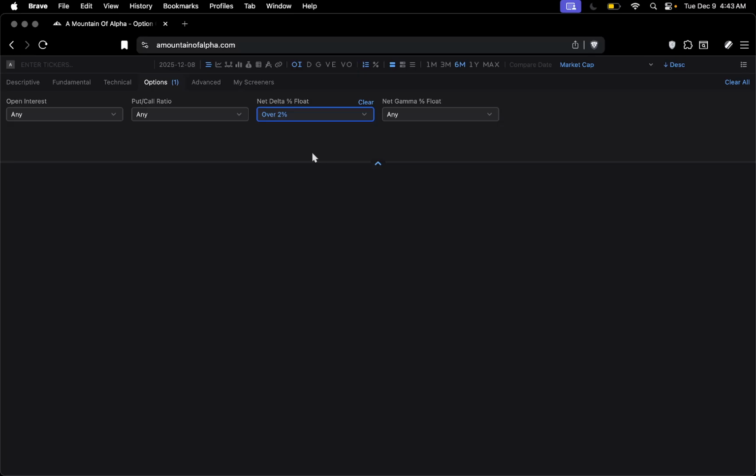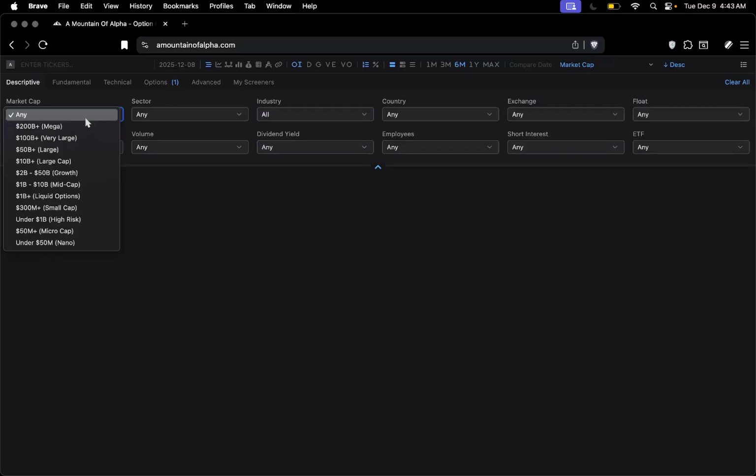If it's over 2%, that's going to tell you there's a lot of calls. So we're looking for a lot of calls, and when there's a lot of calls and we expect the market to rally, you would expect the dealer to come in and start hedging. So we're going to start with that one. There's also a negative one for puts.